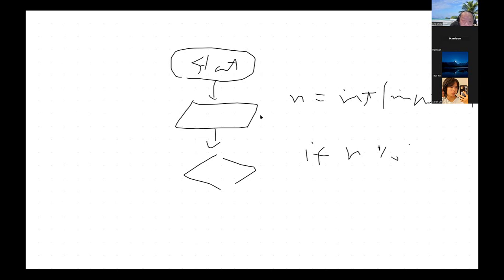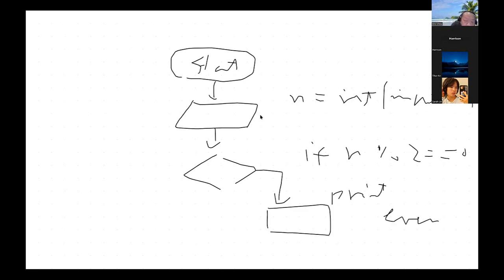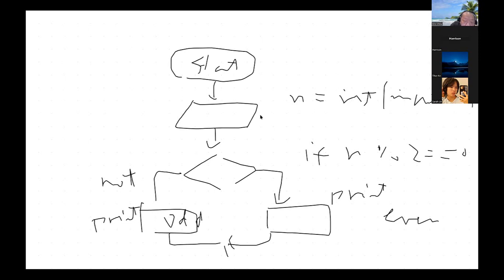If yes, you print even. If not, you print odd. When you finish, you come to another terminal, let's say end. Is that okay so far? Yeah. This is the flow chart that you need to know. Let me take a picture of this.